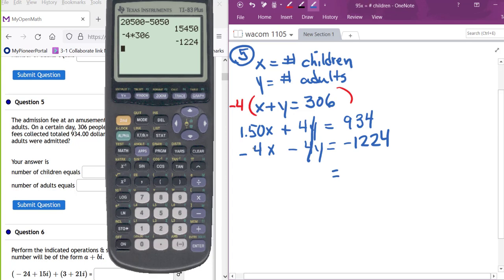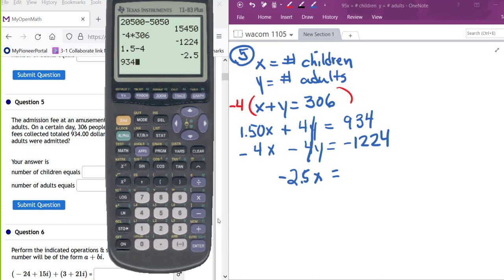Right? So I have 1.5 plus a -4 or -4. It doesn't matter which you put it in. 1.5 minus 4 gives me -2.5x. And here I have 934 minus 1224, -290.